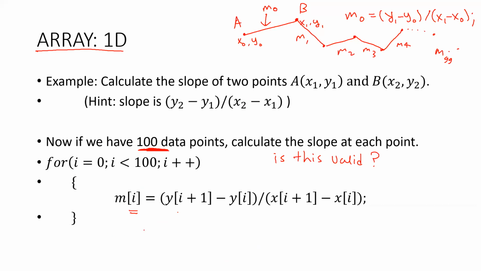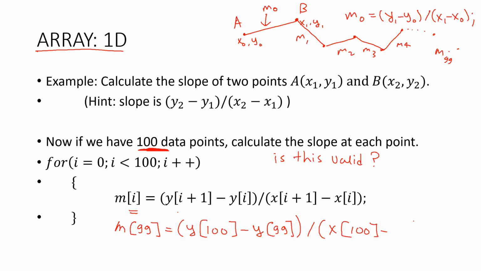Cuba kita cek satu-satu. Let's say dia sampai ke 99. So dia calculate sampai dah 99. Okay. So M 99 equals to Y of 99 plus 1, 100, minus Y 99, divided by x of 99 plus 1 is 100 minus x of 99.